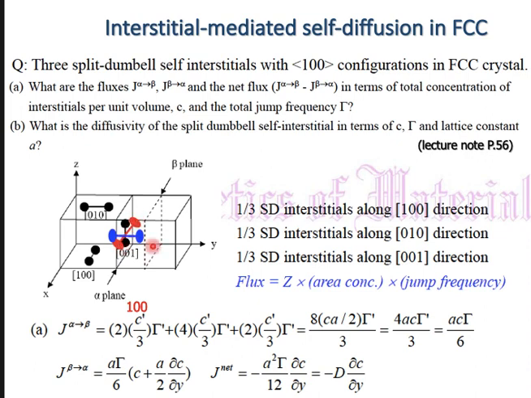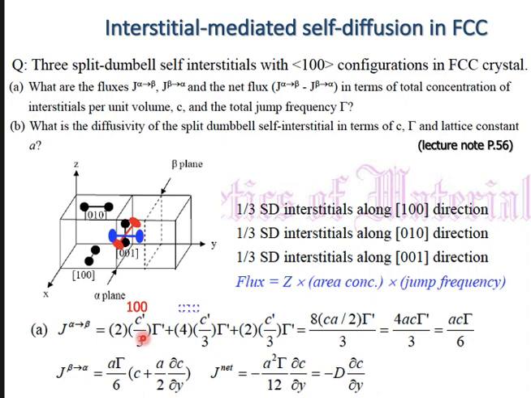So in order to jump to the beta plane, this one will probably jump to here, or this atom will jump to here. So there are 2 possible jump directions. So we get 2 gamma prime, and the concentration here is C prime divided by 3.